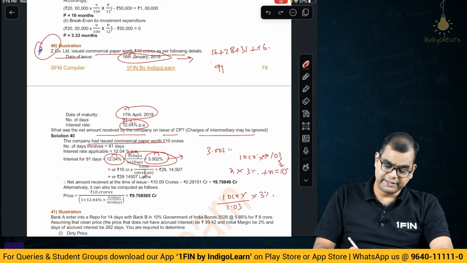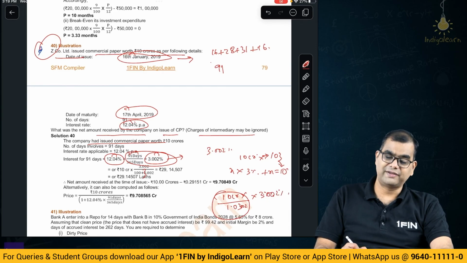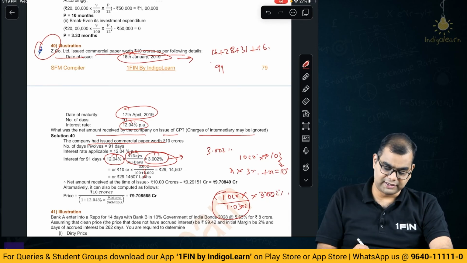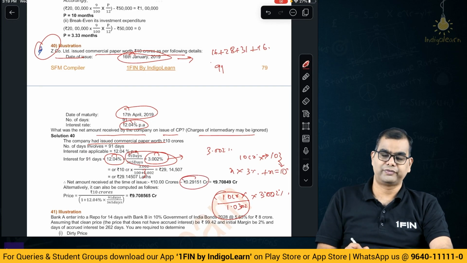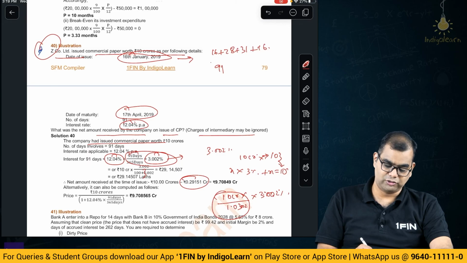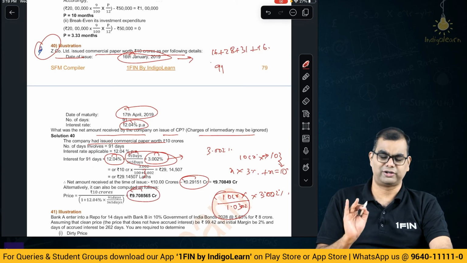So, what you do is 10 crores divided by 1.03002 into 3.002%. This will give you the actual interest that is paid. That comes to somewhere around 0.29 crores. And you subtract 10 crores minus 0.29 crores, you will get 9.708 crores.